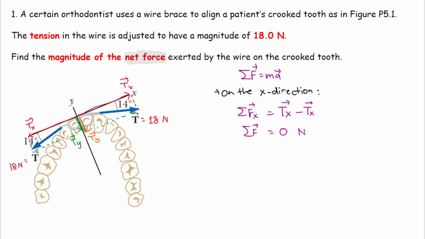Good. We don't need this m and a actually, because we only need to find the net force here. And that is on the x direction. Now let's do it on the y direction.